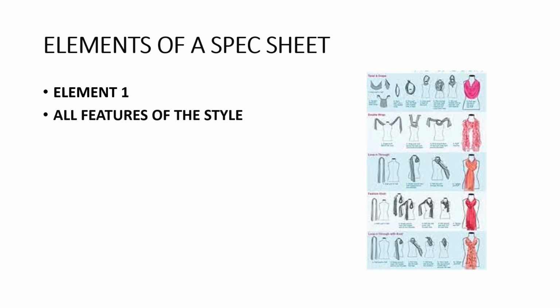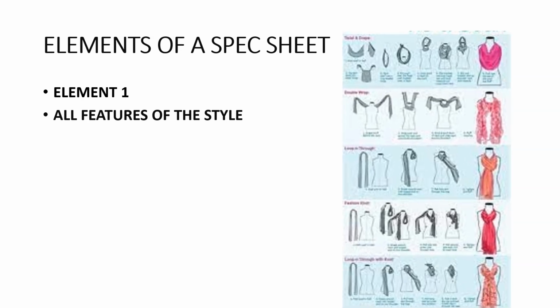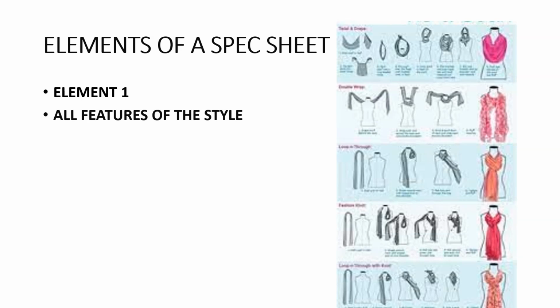For example, the collar of a garment or a cuff of a garment, the pocket of a garment, different buttons or attachments in the garment, decorative parts in the garment, all are related to the features of the style. So that is coming under element number 1 in the spec sheet. So these are different aspects, students, for this specification sheet.